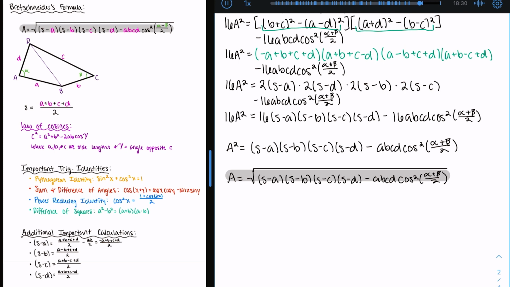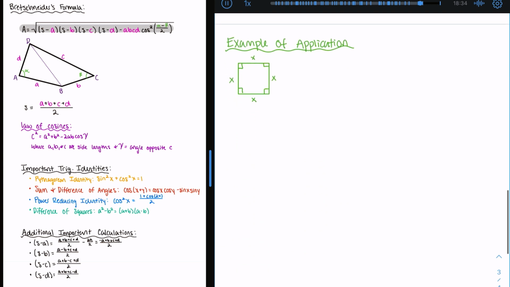So down here I have an example of how to apply Bretschneider's formula. So say we have a square with side length x. Using our regular geometry knowledge, we know that the area of this square would be x squared. So let's apply Bretschneider's formula and see if it agrees.